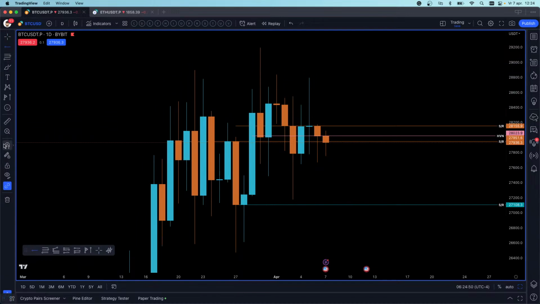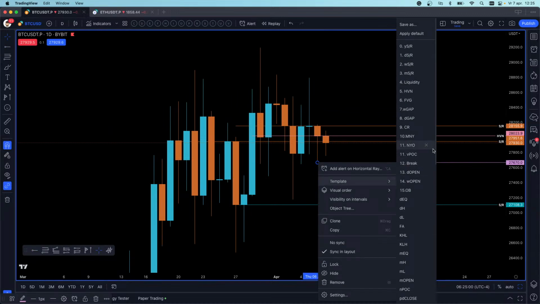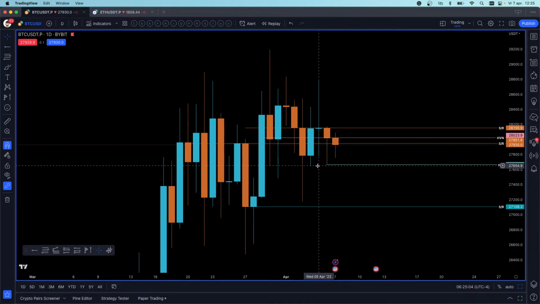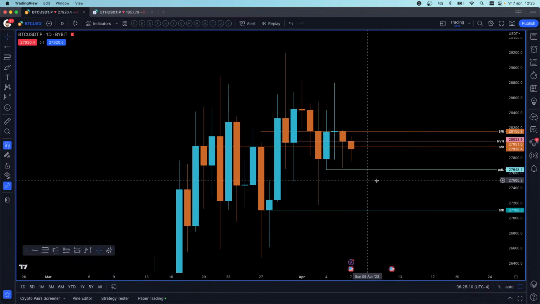But what I will add: the previous week low, previous month low, previous week high, previous month high. It also works with previous day low, previous day high. So if bullish, I would actually want this, which I would see as equal lows. So let me just add both of these on the chart.